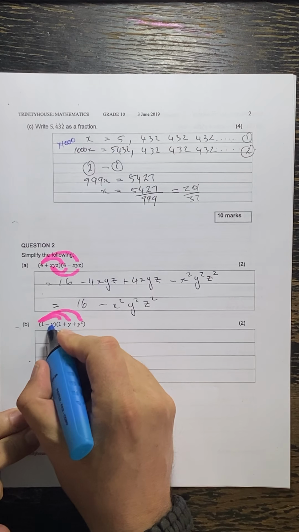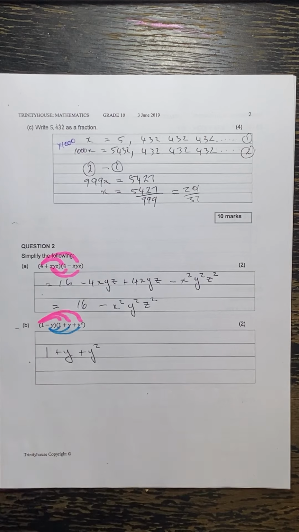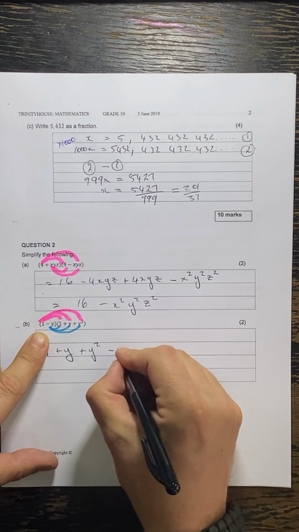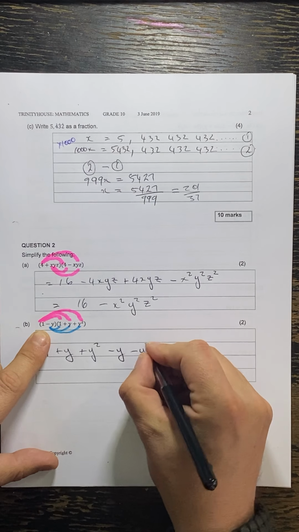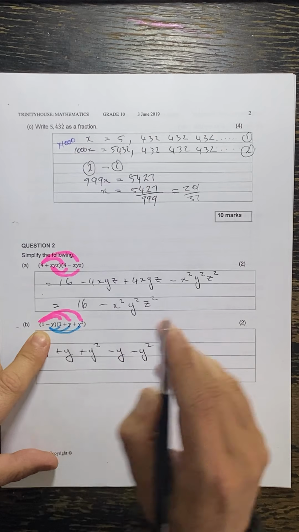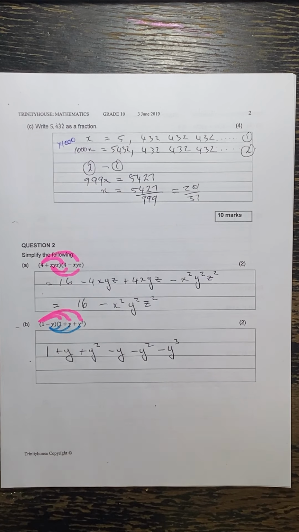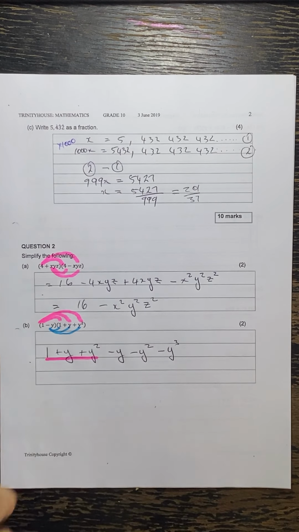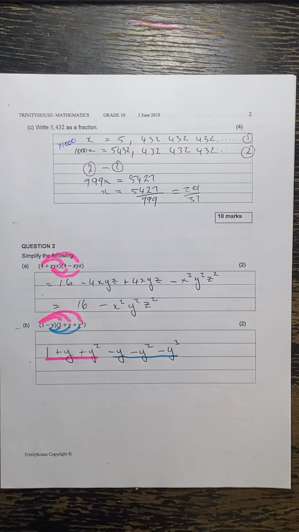Now what I must do is multiply this one with each one inside that bracket. So minus y times 1 is minus y. Minus y times y gives us minus y squared. Minus y times y squared gives us minus y cubed. Okay, so just to show you, that was our pink hops and this was our blue hops.